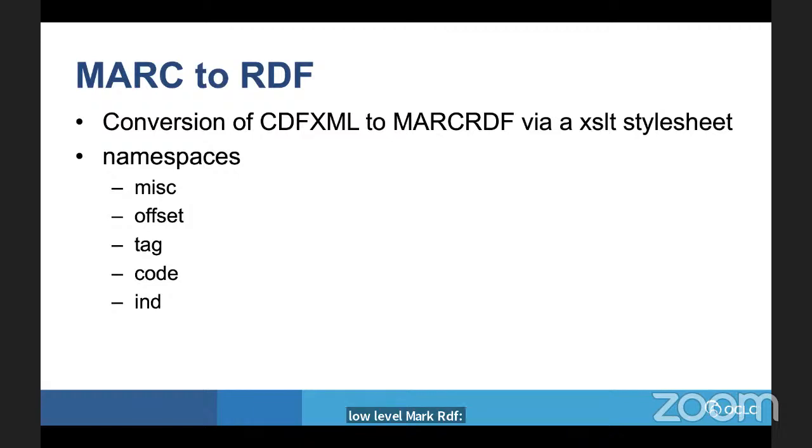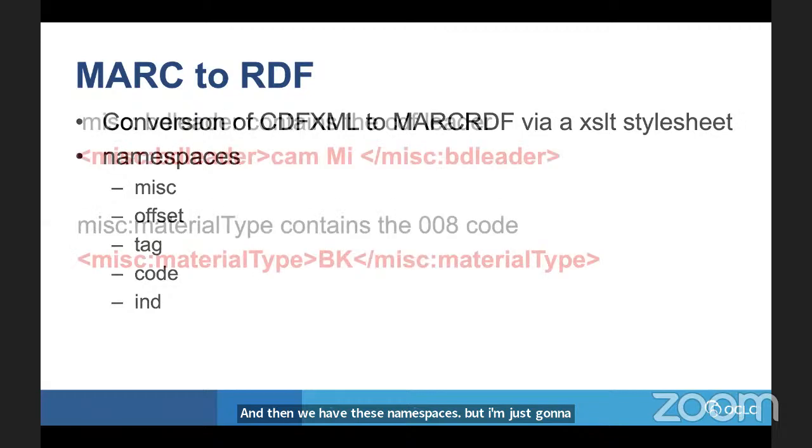Essentially, we're using OCLC CDF, Common Data Format, XML, as part of this project. We use that to convert back and forth to MARC. It has a few extra fields. And then we have these namespaces that I'm going to go over with a brief example of how it works.